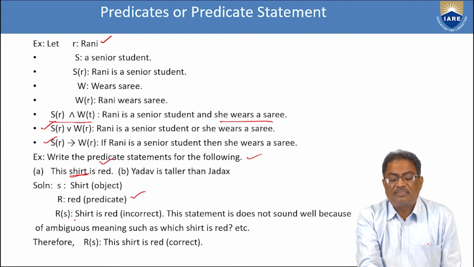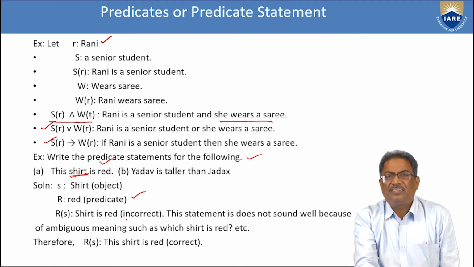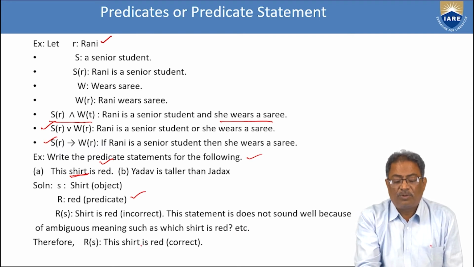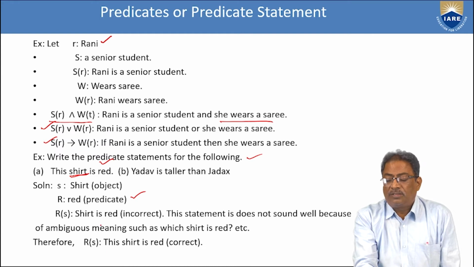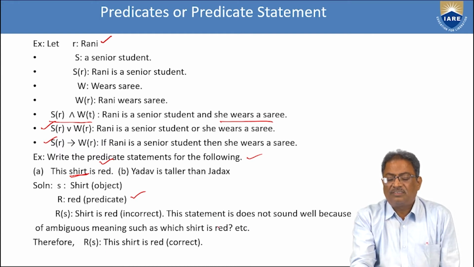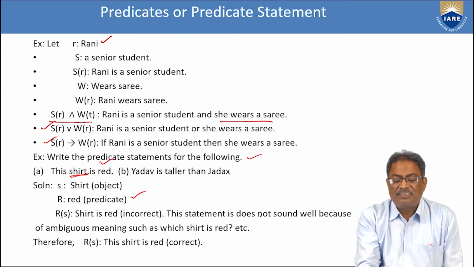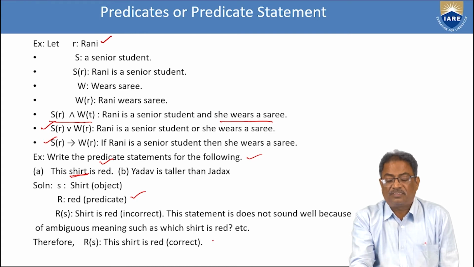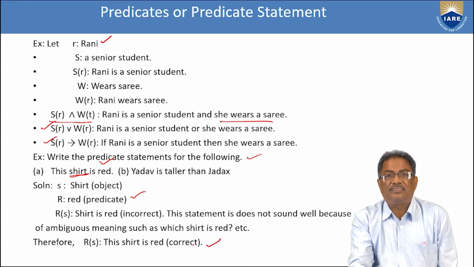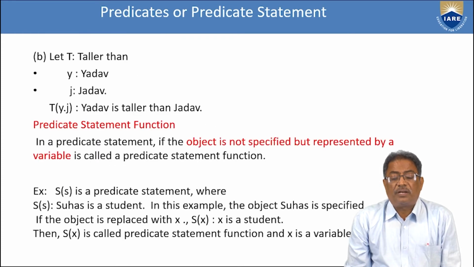So R of S, shirt is red, is not correct, because the statement does not sound well; it has an ambiguous meaning. So we rewrite this as: this shirt is red. And this is the predicate statement of that.